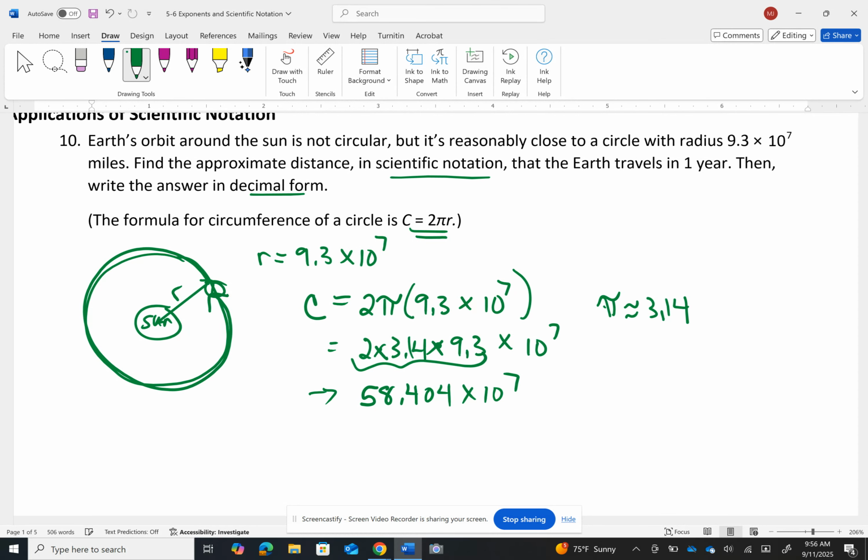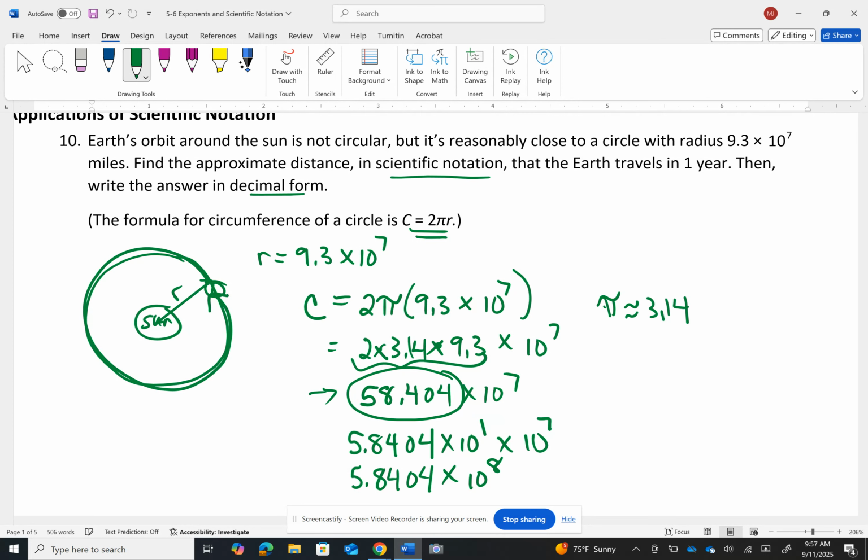So I'm going to wind up rewriting that as 5.8404 times 10 to the first, but I already had a 10 to the 7th sitting there, okay? And so in scientific notation, I would have 5.8404 times 10 to the 8th power.